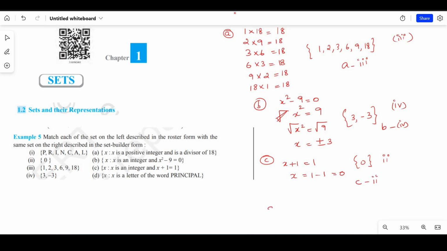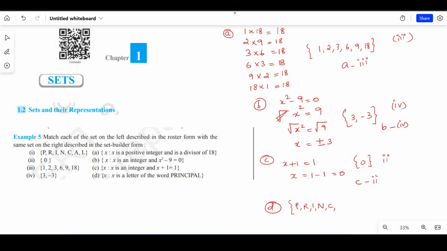Now option D. For all x such that x is a letter of the word principal. So let's write it in the roster form. P, R, I, N, C, again I. I is already present, so we don't need to write it again, because in roster form the order in which the elements are written does not matter, but no elements will be repeated.